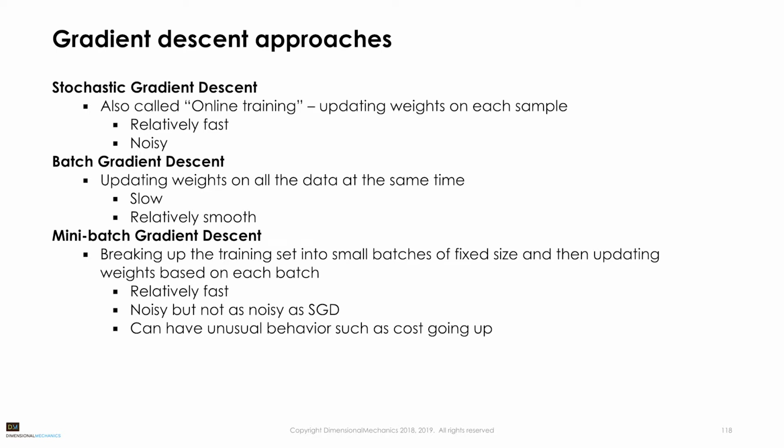Batch gradient descent means that you update weights on all of the data at the same time. And then you've got mini batch, where you break your training data into small batches, and then you update the weights based on that specific batch of data.